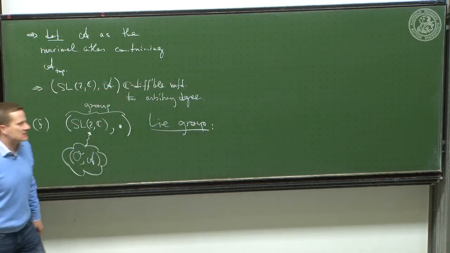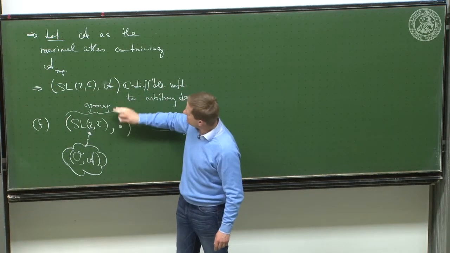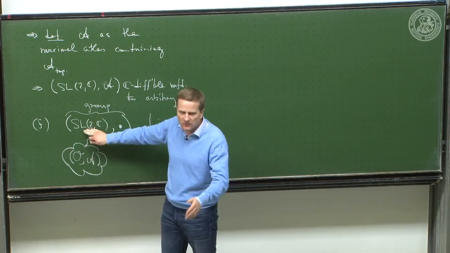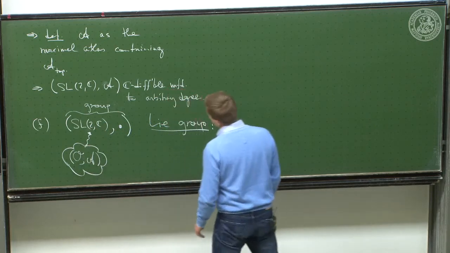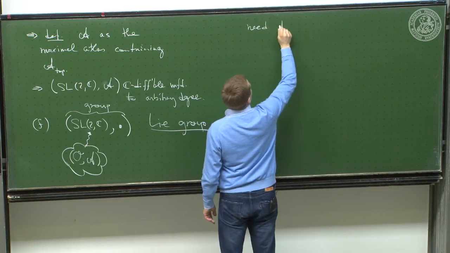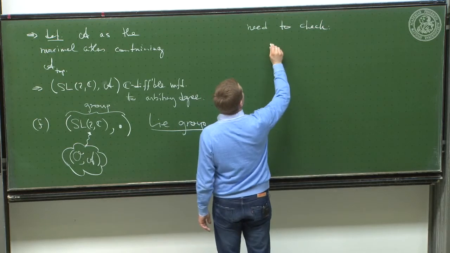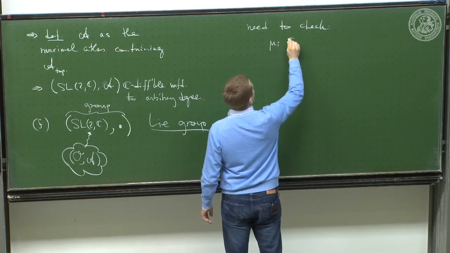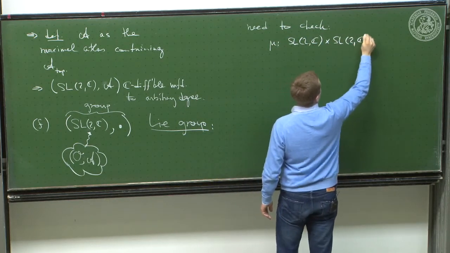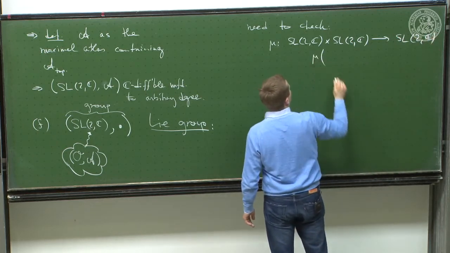Well, there we need to check something. Remember, a Lie group was a set with an operation that together is a group, which we already know, such that the underlying set is a smooth manifold, or arbitrarily often differentiable manifold here. But there was more. We need to check whether the two maps are smooth. The map mu takes two elements of SL2(C) into an element of SL2(C) by virtue of the group operation.